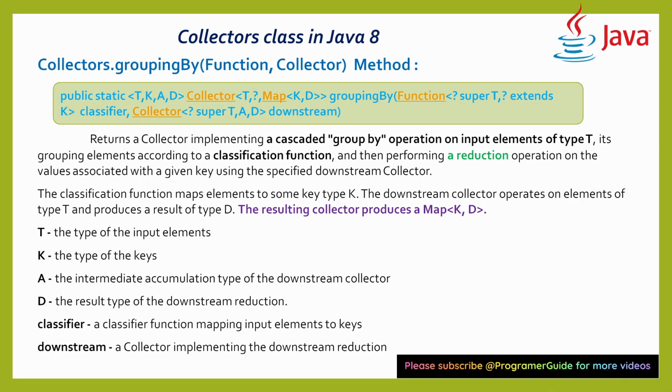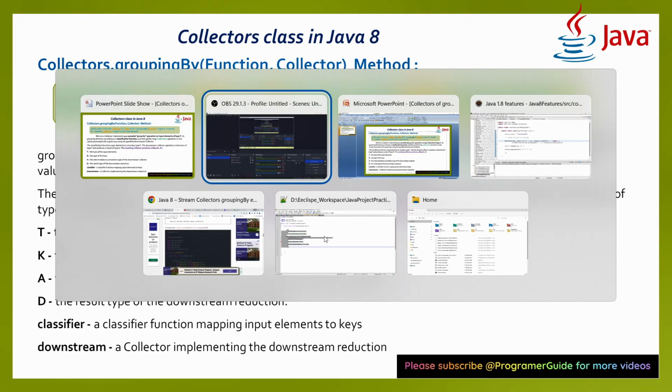D is the downstream, which evaluates the collector operation on the given input. If you see the example, you will get a better understanding.